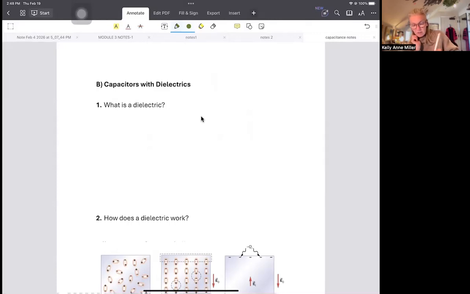Okay, so let me just write this out so you have it. What is a dielectric? A dielectric is basically an insulator. It's an insulating material that is placed between the plates of a capacitor.